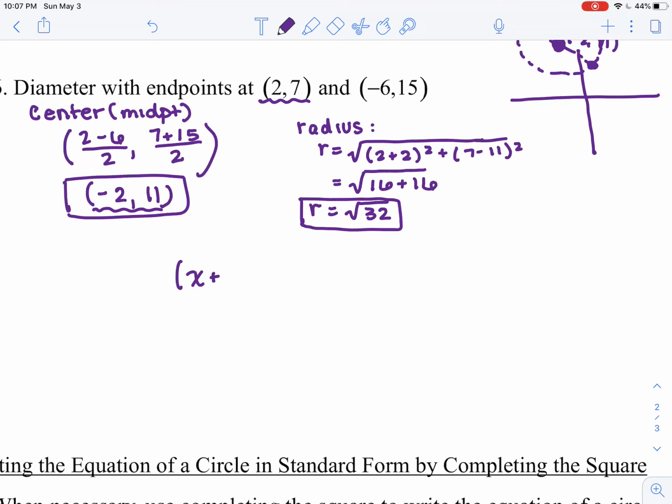So we have x minus -2, so x plus 2 squared, plus y minus 11 squared equals, on the right side of the equation, we do our radius squared. This is why I left this as the square root of 32. If the radius is the square root of 32, when I square that, square root of 32 squared just becomes a plain old 32.